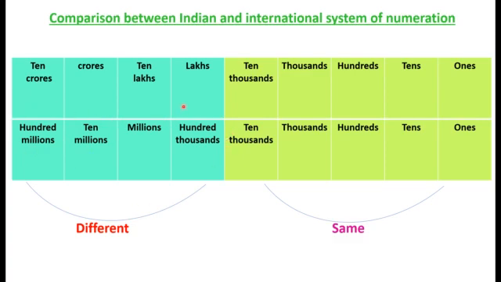These are the places where the difference comes. In the Indian system of numeration, only one period has 3 places and the rest have 2 places, whereas in the international system of numeration, all the periods have 3 places.